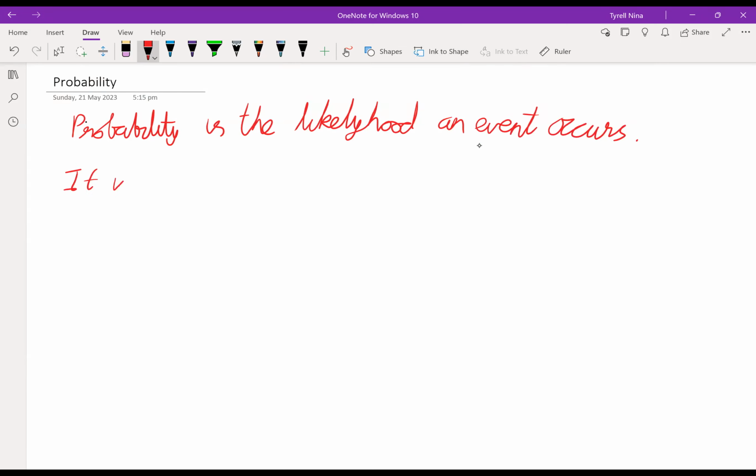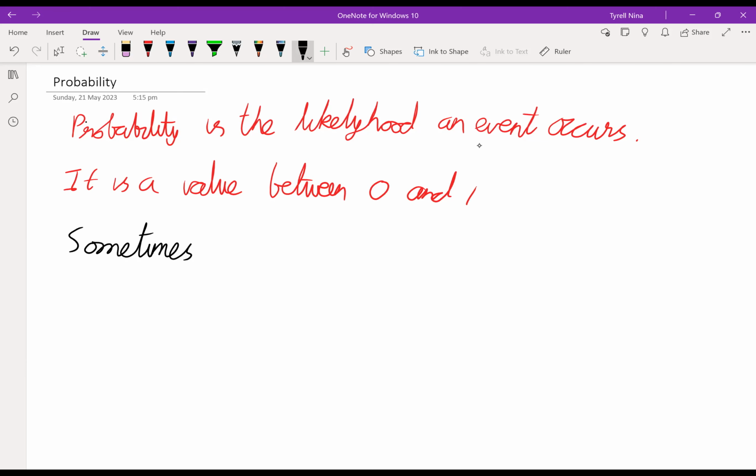It is a value between 0 and 1. Sometimes there is set probability. So what does that mean?